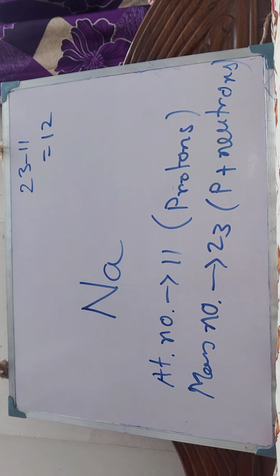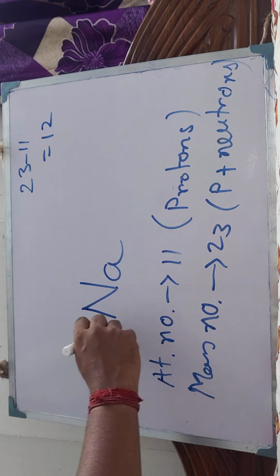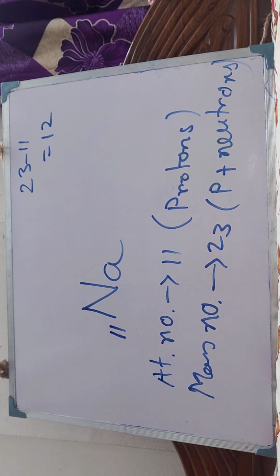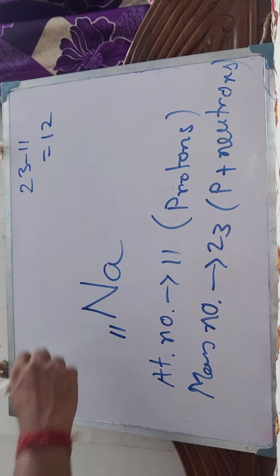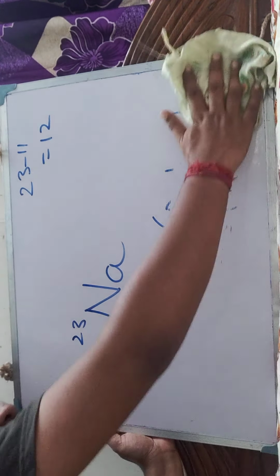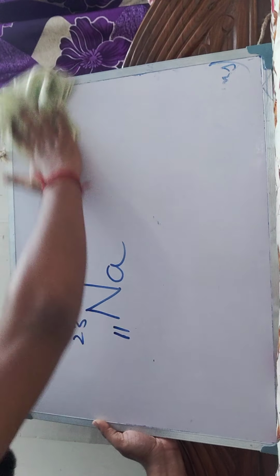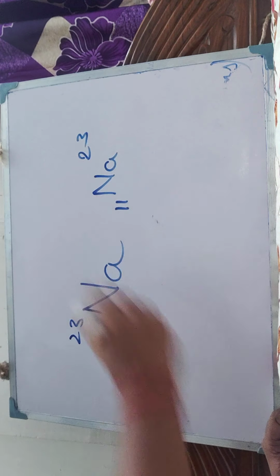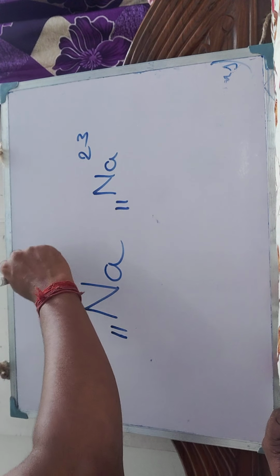Now the atomic number should always be written at the bottom of any element. For example, in case of sodium, it should be written at the lower left corner of sodium, and the mass number should always be written at the upper left corner of the element. And I'm going to tell you one more thing, that this is not the only convention. You can write it in that way also, 23, in that way also.